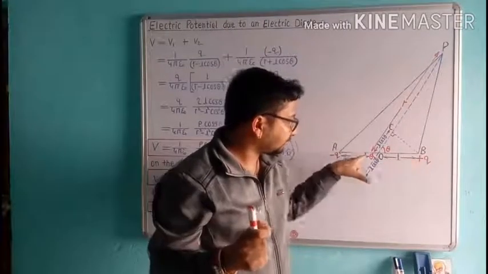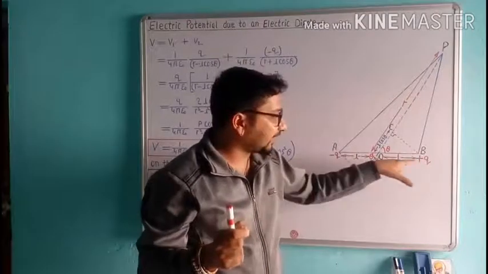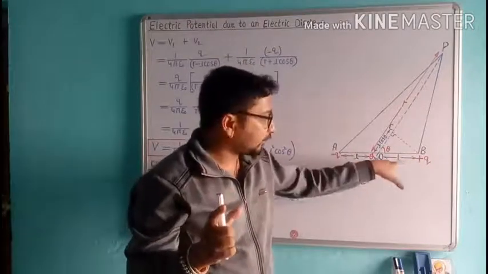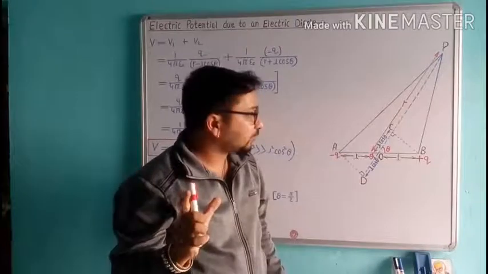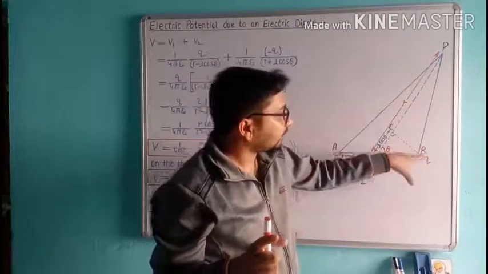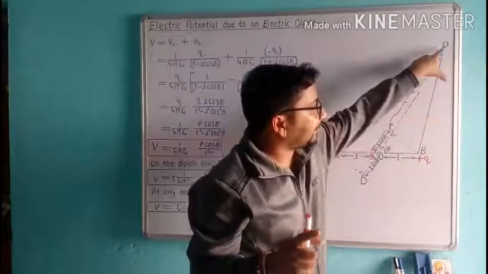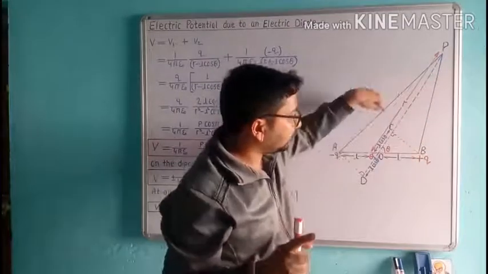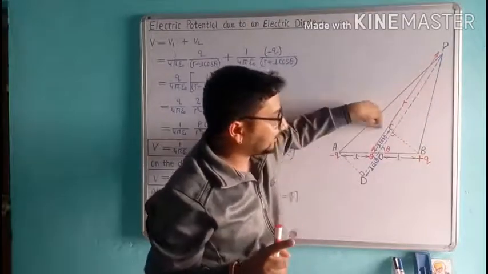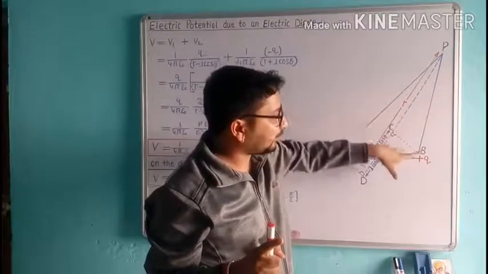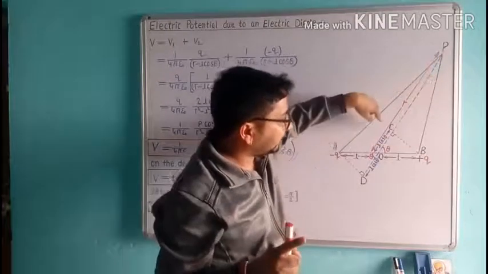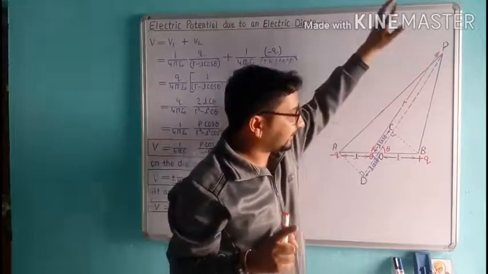Now, since the length of the electric dipole, 2L, is very small, the length of BP is equal to the length of PC.